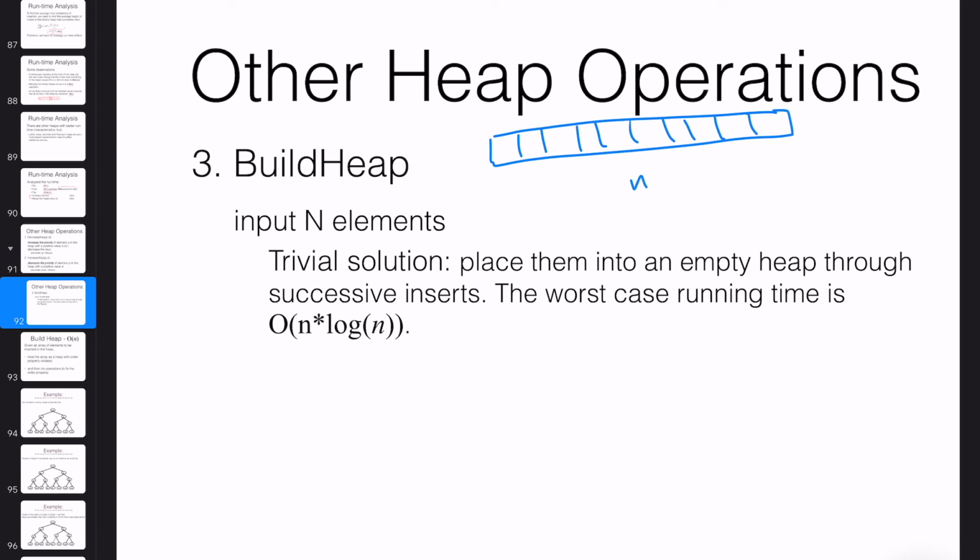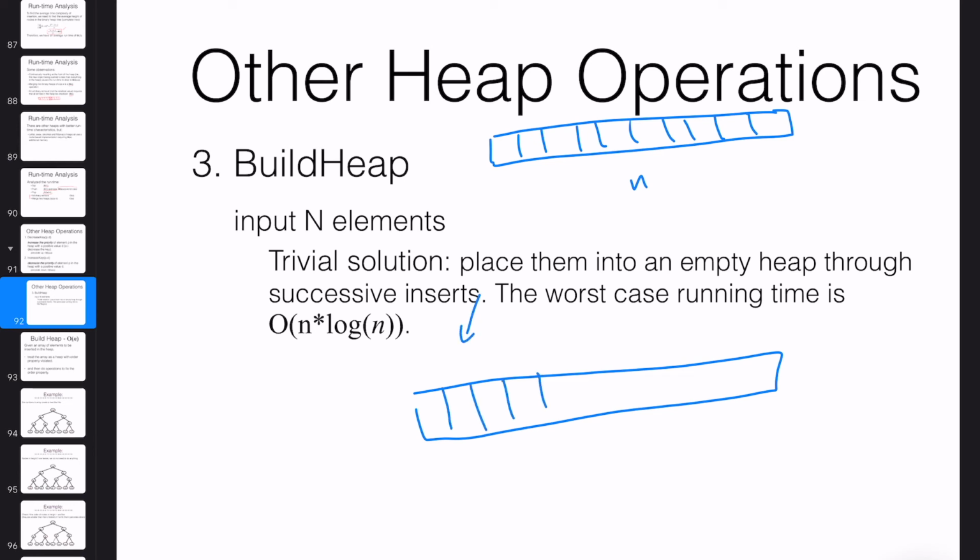One way to do it is to create a priority queue, initially empty. This is going to be a new array, and you just push all of those items one by one to this new priority queue.